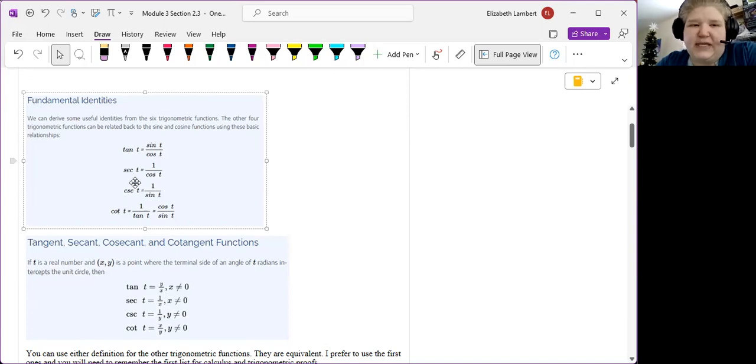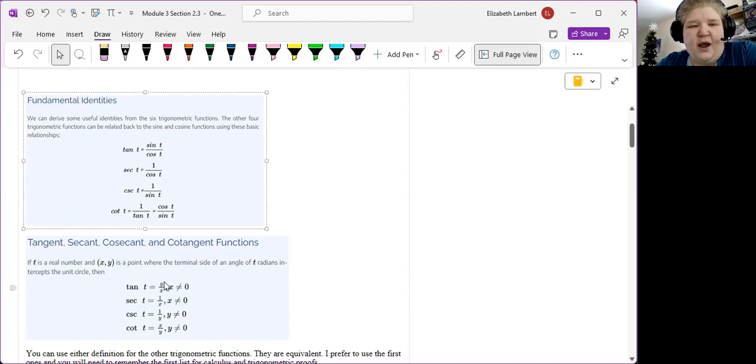The secant is the reciprocal of cosine, and the cosecant is the reciprocal of sine. So it's really tempting to think cosine goes with cosecant, but it doesn't. So those guys are kind of backwards, but it takes some getting used to. Tangent and cotangent, though, do go together. So the reciprocal of tangent is the cotangent.